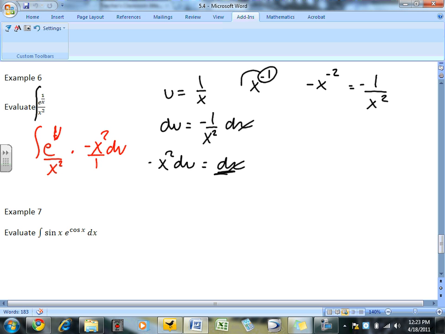This is like saying it's over 1. So let's cancel these x squareds out, which is great. I didn't mean to draw a line through my negative sign. We still have my negative sign. So let's pull our negative 1 out. So I have negative the integral of e to the u du. That's good because we know what that is. That integral is going to equal negative e to the u, which is 1 over x, right? Plus c. And that's it right there.